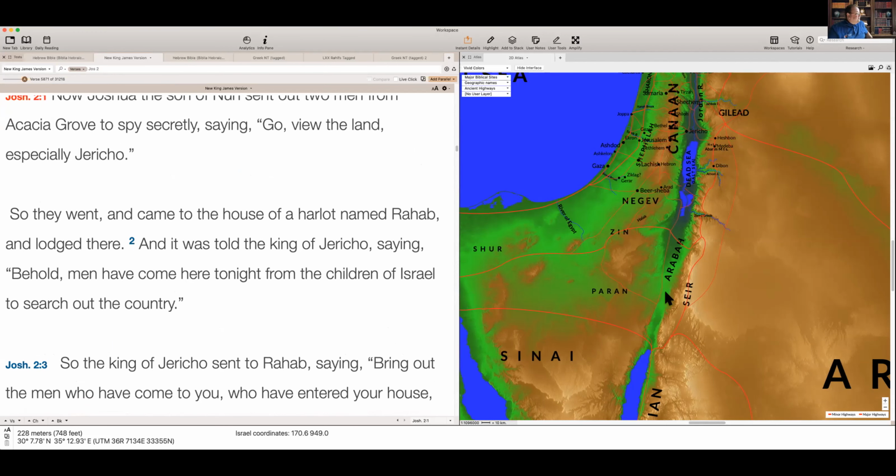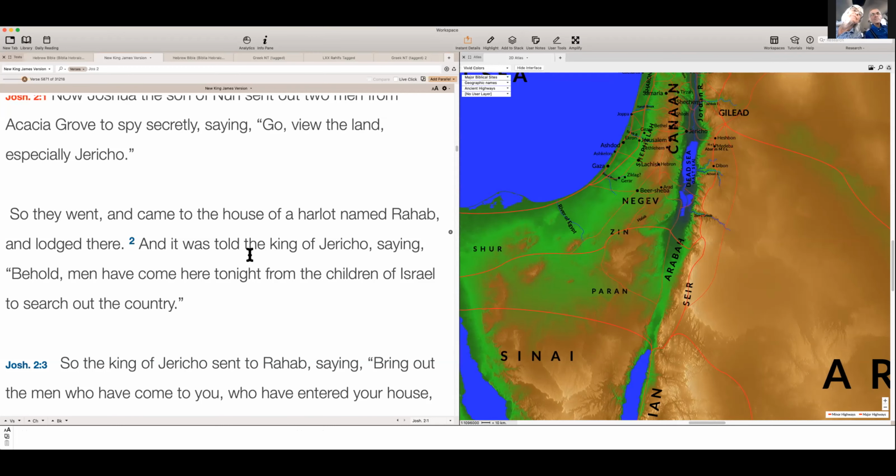Can you see it on the map? In the case of the Torah, the book of Numbers, Israelites are here, the spies come here. When in the book of Joshua, Israelites are here and the spies come here. So you've got 2 spies, not 12.